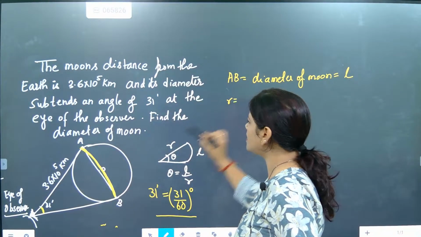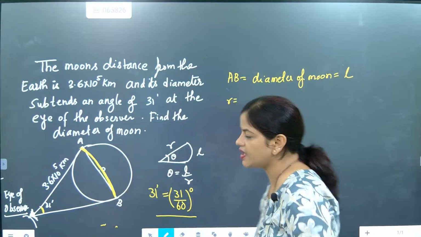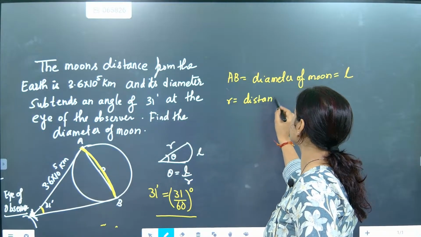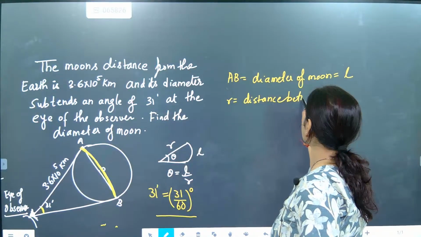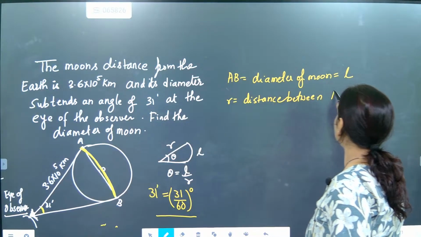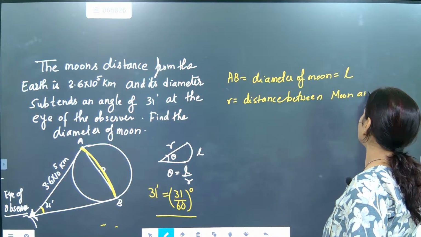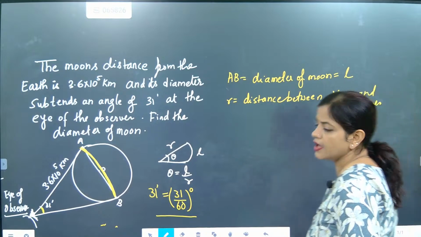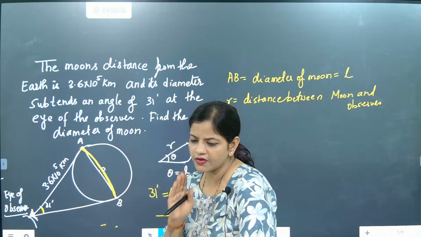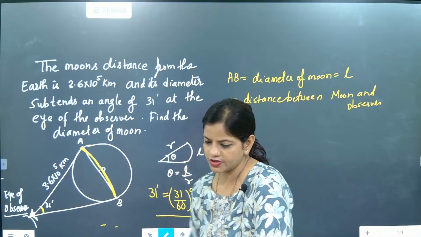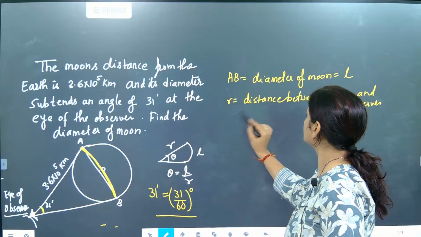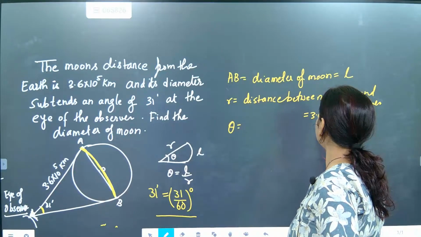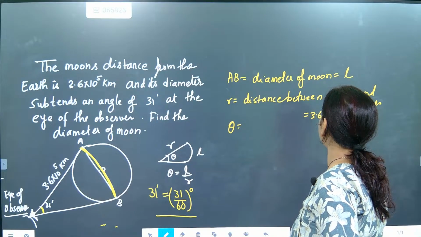R is the distance between the moon and observer. We will not write it as Earth, because the observer is located where we need to localize. The distance is given as 3.6 into 10 to the power 5 kilometers.